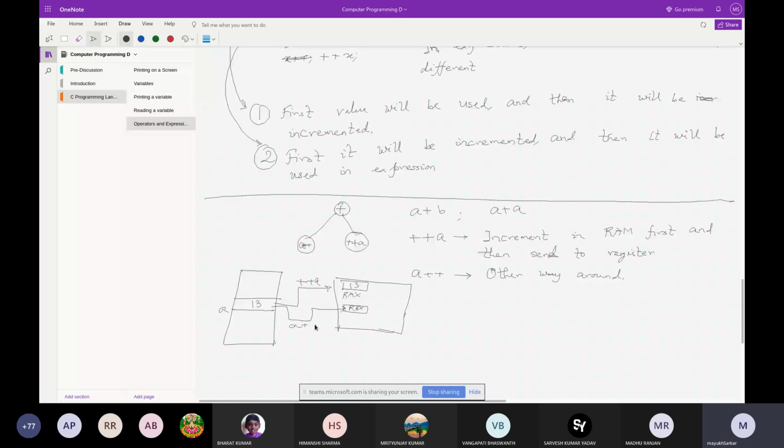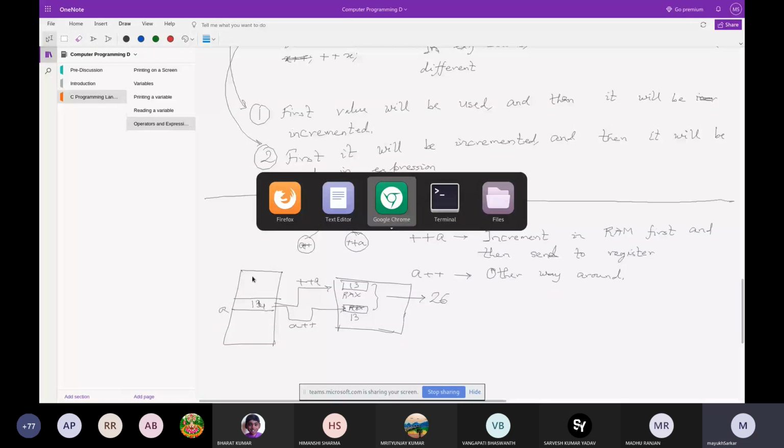And here we have 13. Right? 13 is first sent, then it is incremented in memory. And eventually the RAX and RBX are being added, and what you're seeing here is a result of 26. Right? That's why you're seeing 26 here.